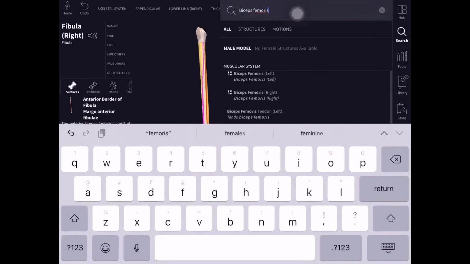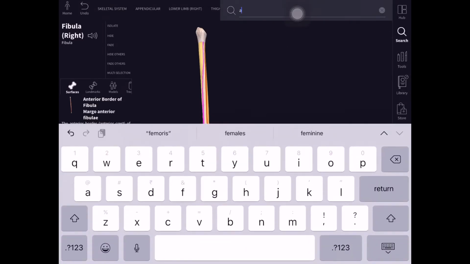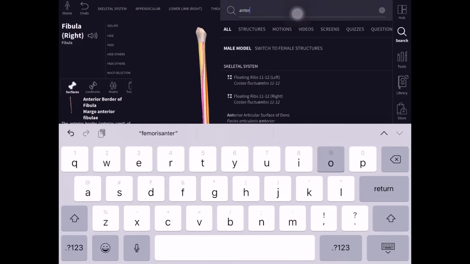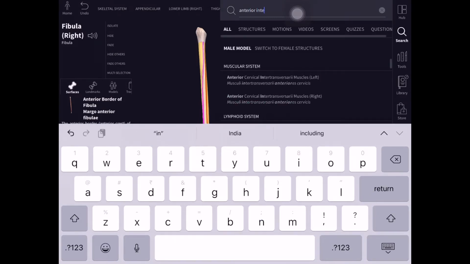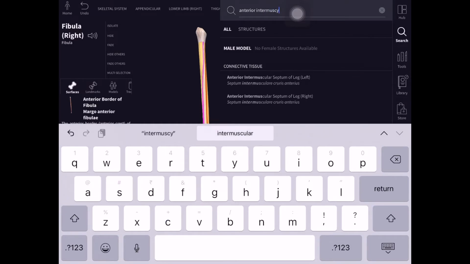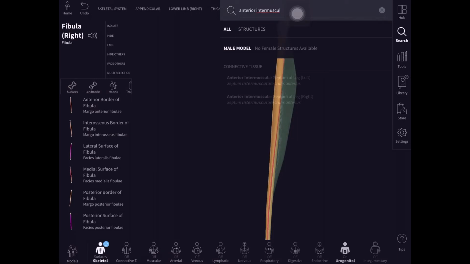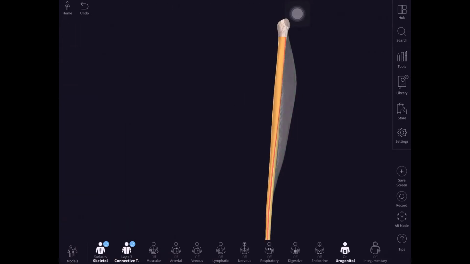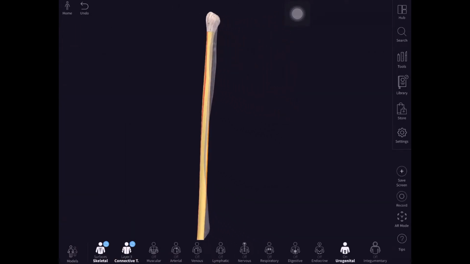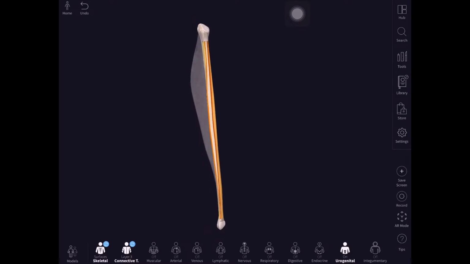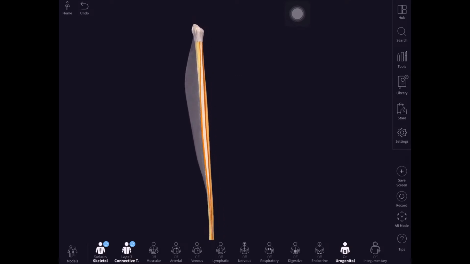Anyway, now we need the attachments. The first attachment is to the septa. So there is an anterior intermuscular septum of the leg on the right, because we are seeing the right fibula. Now if you can make out, this is again the anatomical position. Above you can see the fibular articular facet.